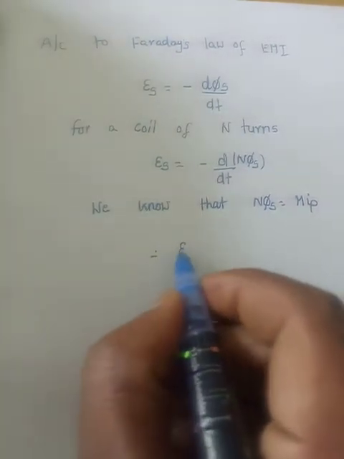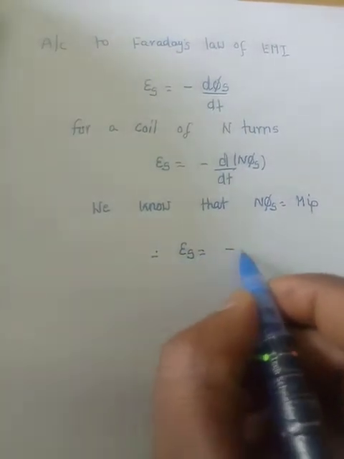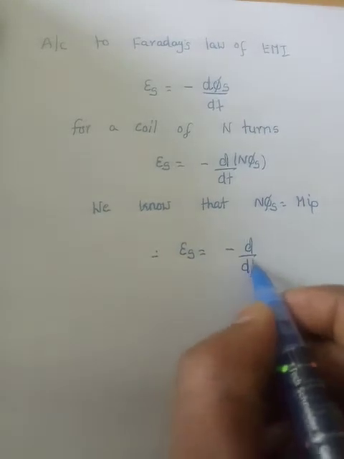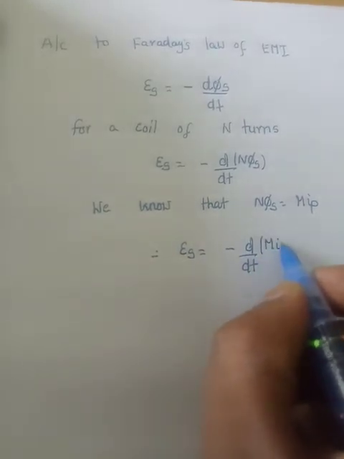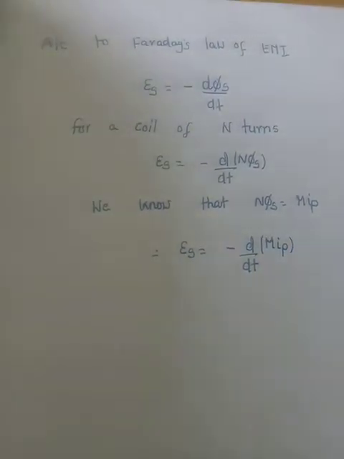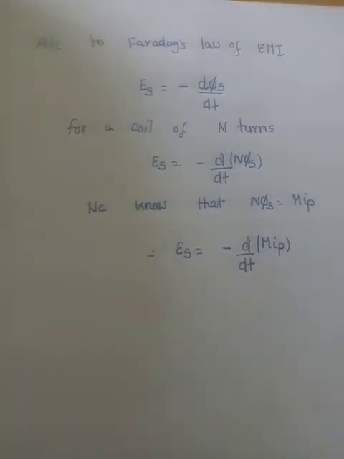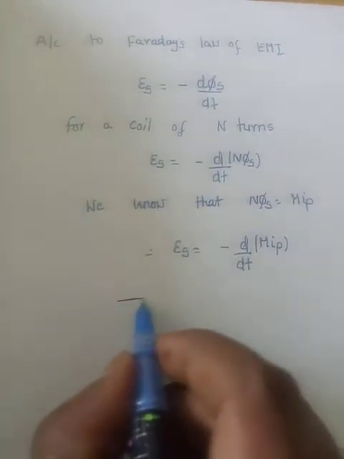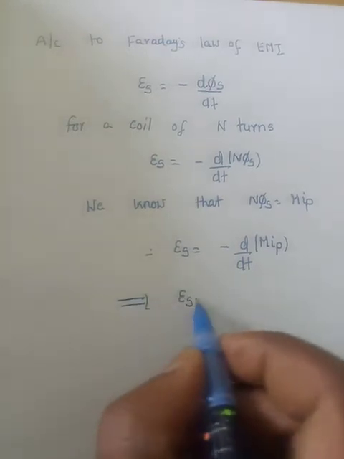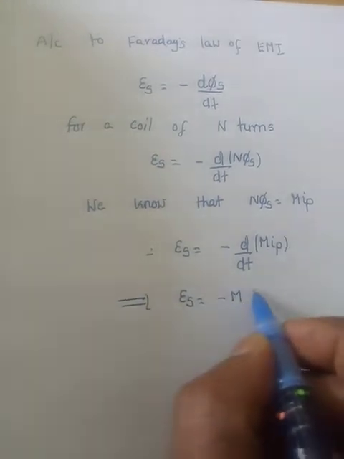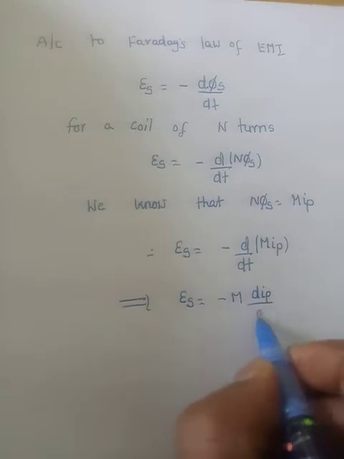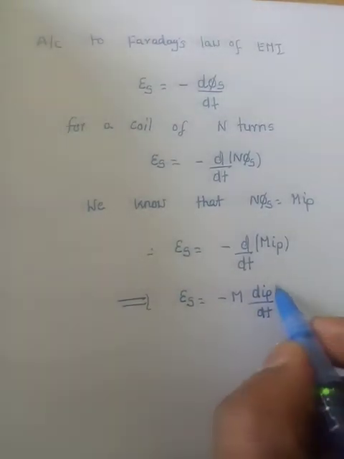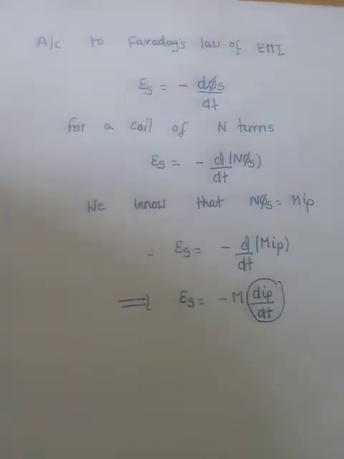So ES is equal to minus d by dt of M into IP. M is mutual inductance, IP represents the current flowing through the primary coil. Because M does not change, ES is equal to minus M into dIP by dt.